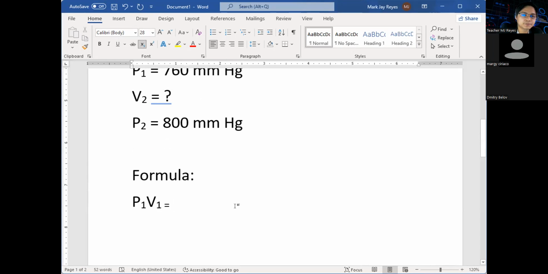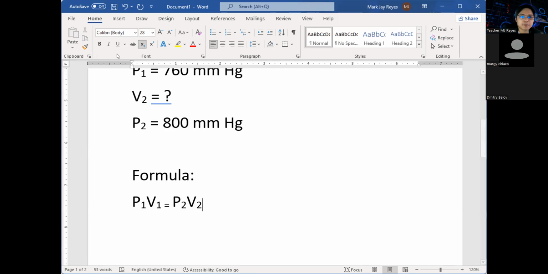Is equal to P2 times V2. That's the formula, correct?